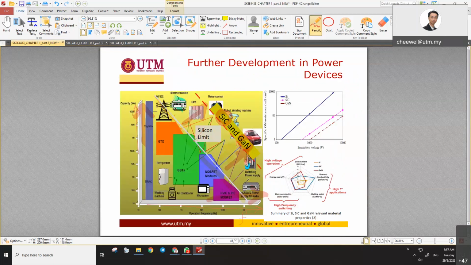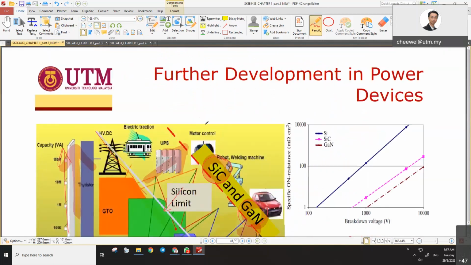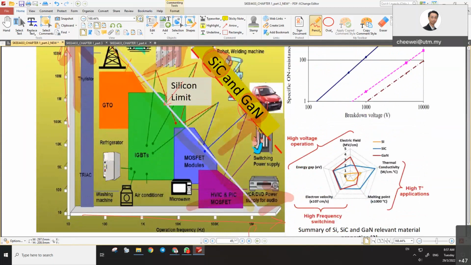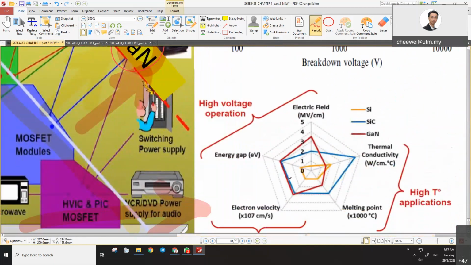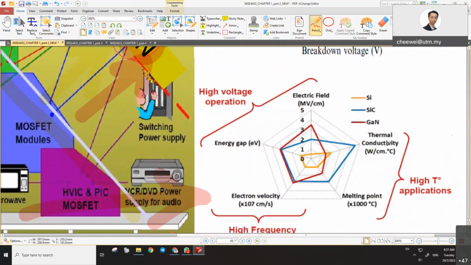Okay, pictures that depict, and I think this is a very interesting picture here down below on the right-hand side. It summarizes the characteristics of silicon carbide and gallium nitride in a spider diagram like that, a pentagon. It's like the graduate attributes that you guys have.